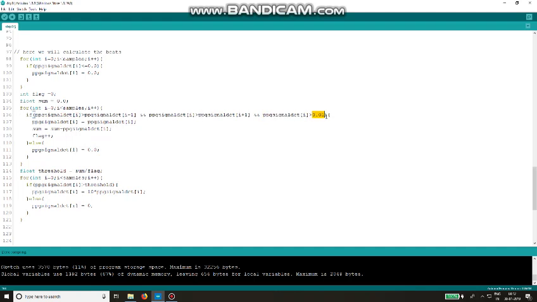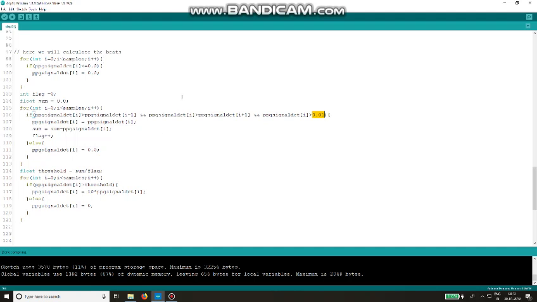This is a pre-calculated, theoretical value, and if it is greater, then we'll be storing that element as data only. Otherwise we'd be taking the element PPG signal DCT i equal to 0. So only that signal value would remain, and the rest would all be turned to 0.